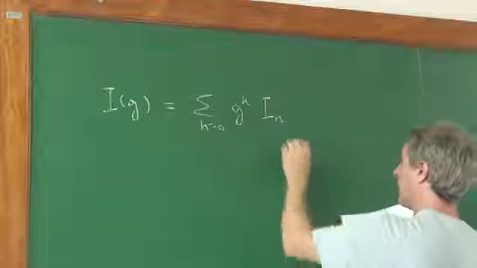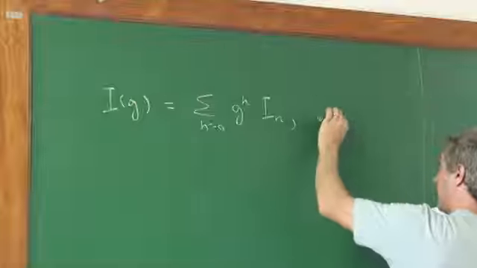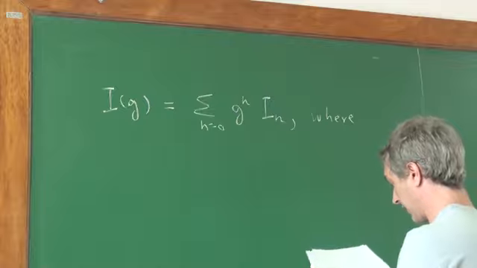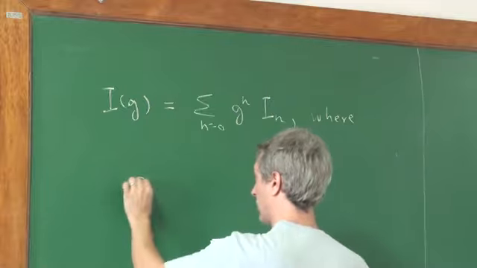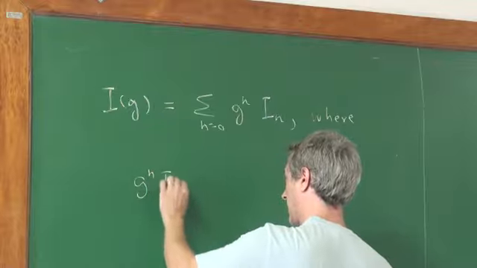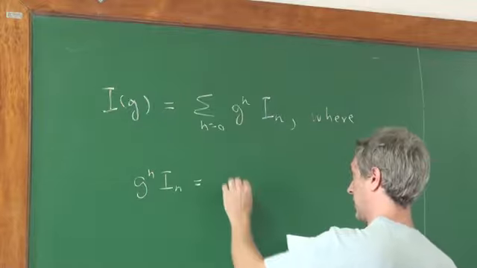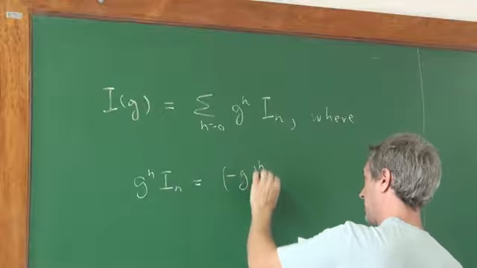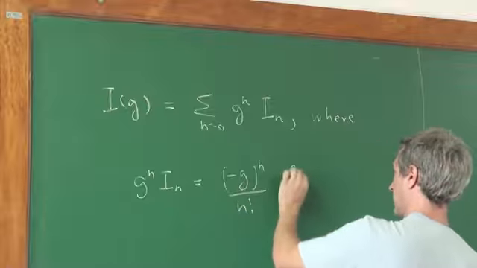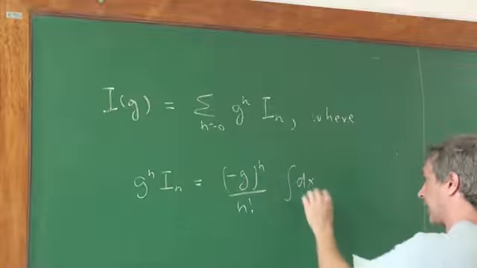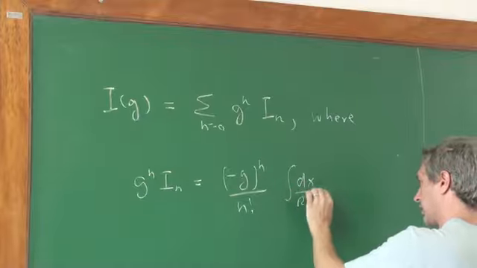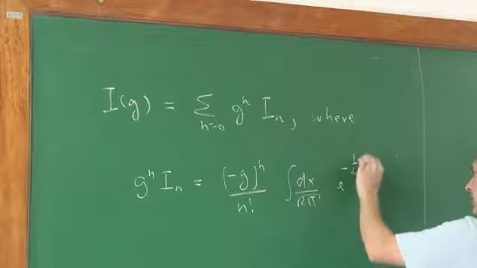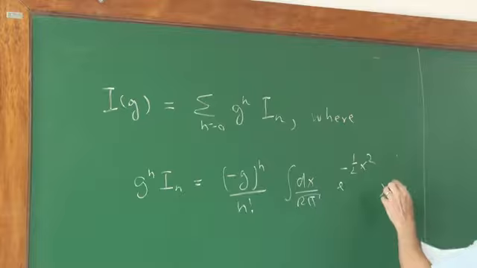And then integrals I_n, which depend on the order of interaction that we look at. So g^n I_n, where I_n would be minus g to the power of n divided by n factorial, and then the integral of x to the 4n.